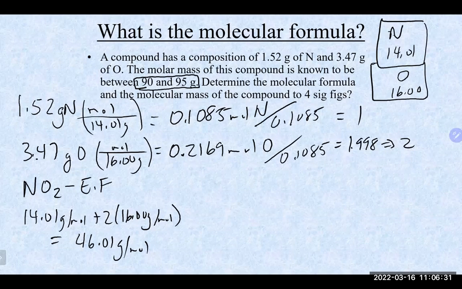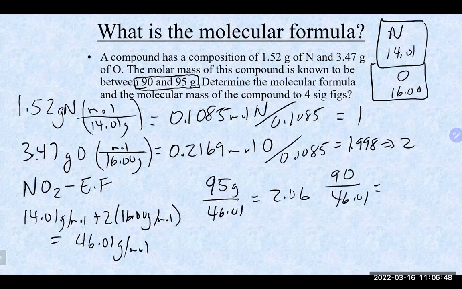So if we did the 95, which is the high end, divided by our 46.01, that gets us about 2.06. If we did the low end, which was 90 divided by 46.01, gets you about 1.96, which is approximately 2 as well.